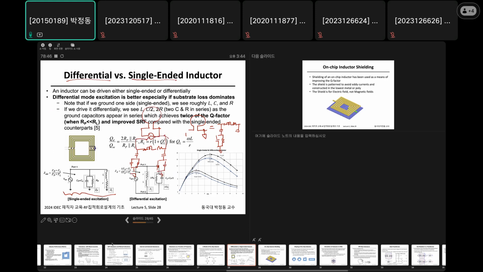So what we can see is mainly because this is connected together, right? This is connected together, right? So approximately those are in series. So we see 2 RP, and this is in series, so which is looking like this.